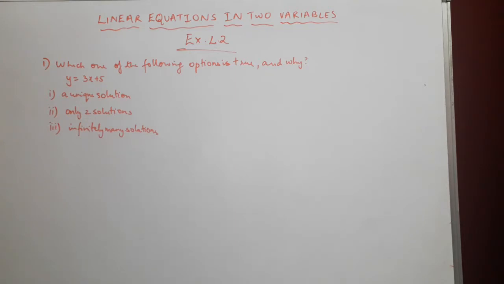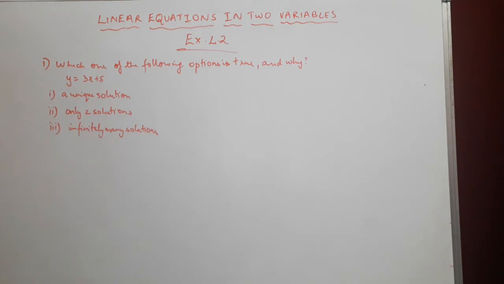Okay, so which means when you keep changing the value of x, you will get a different value of y, and you can keep putting different values of x to get different values of y. That is what it means by infinitely many solutions.